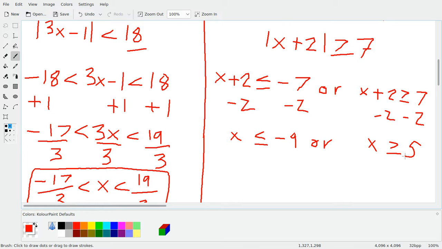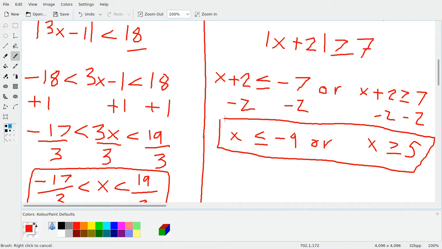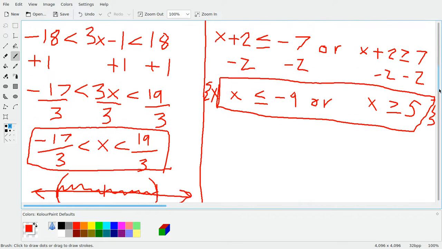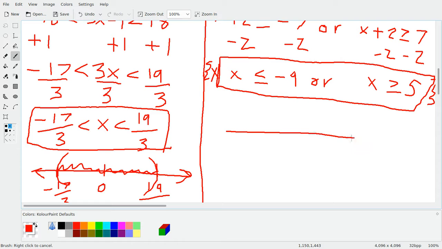To get our final answer of x is less than or equal to negative 9, or x is greater than or equal to 5. If they wanted maybe standard notation or set notation, you would use those squiggly brackets, but that's your standard notation. If you wanted interval notation, we should probably graph this first.